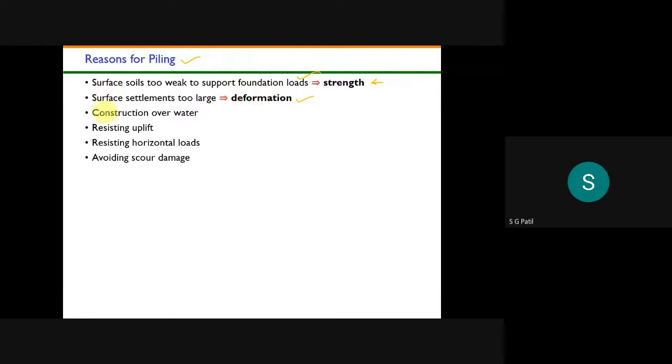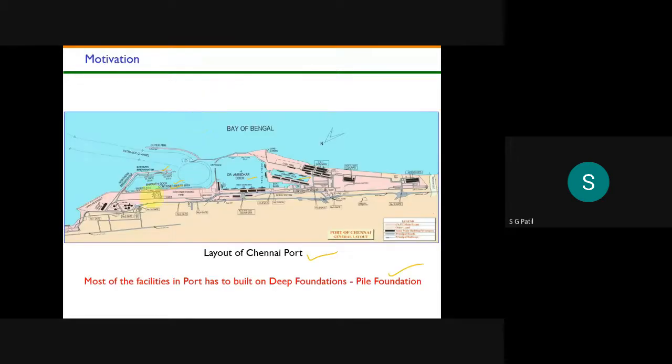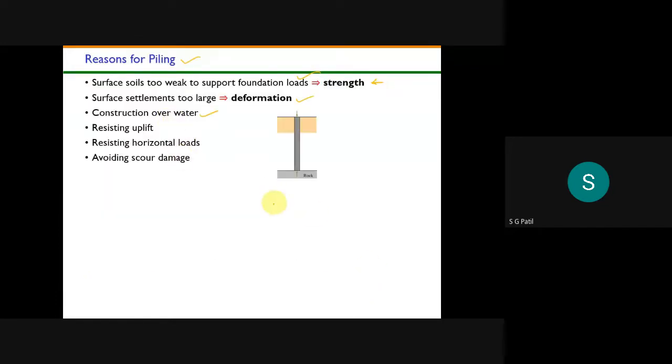Then the third reason: if you are constructing over water, like your port structures. Just now, whatever I showed, if you are constructing over water, then also we'll go for pile foundations. The best example is your berthing structure or wharf structure, where you unload and reload your containers.